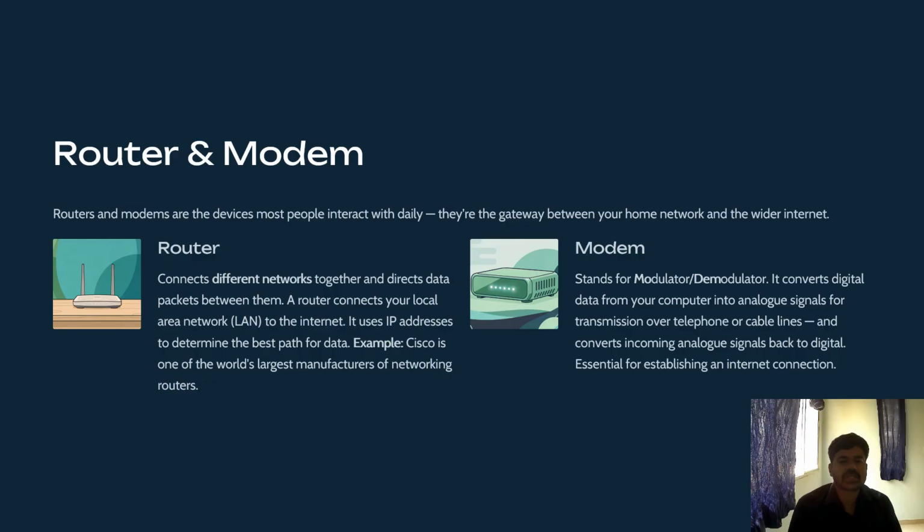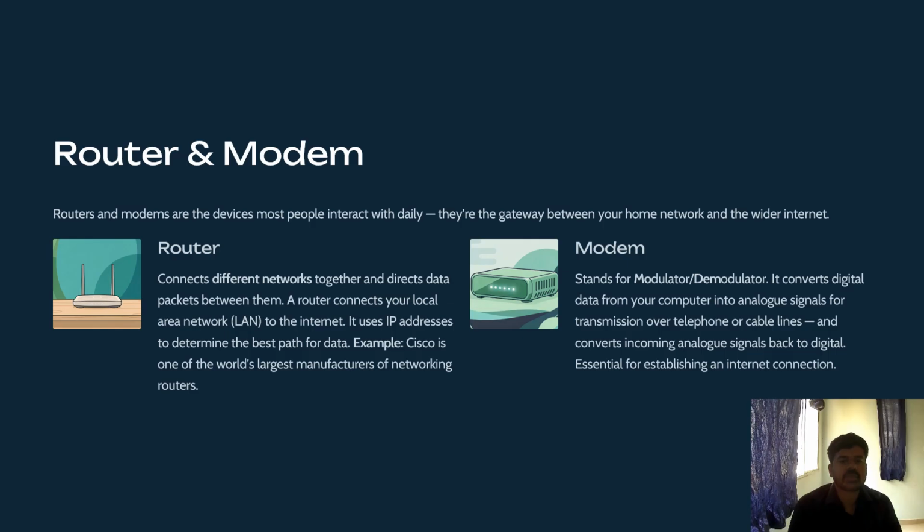The fourth one is modem. The modem is a special type of networking device which converts digital signal to an analog signal. It is required for internet connections.